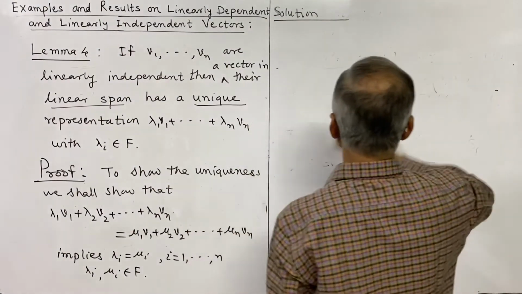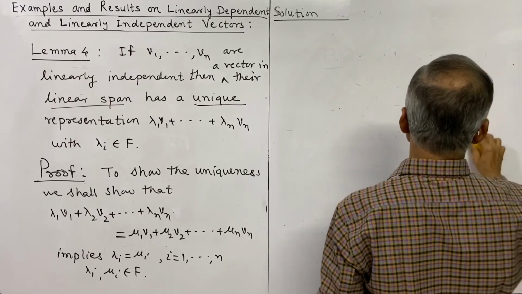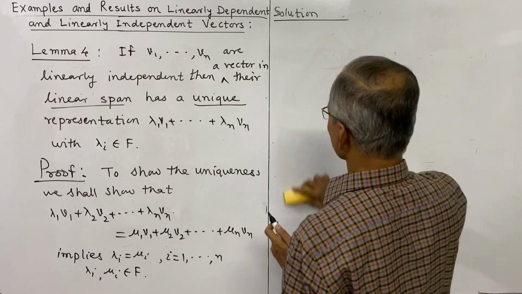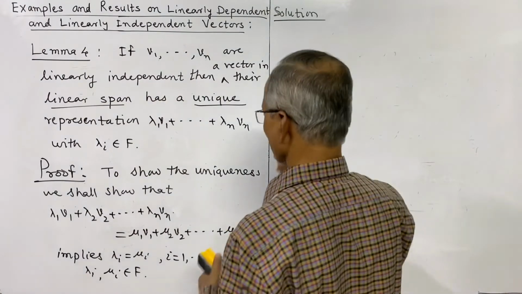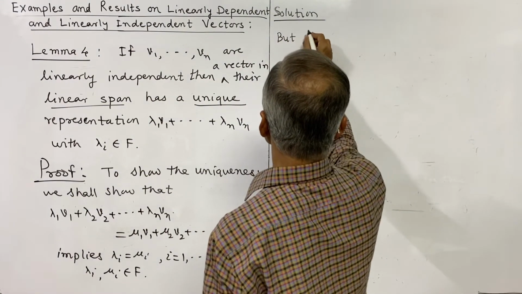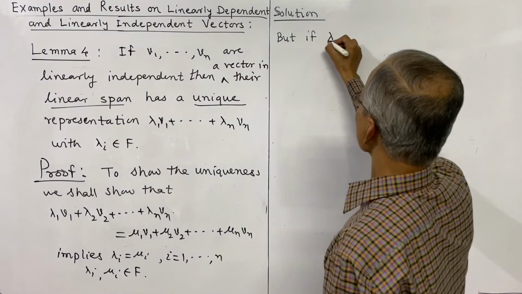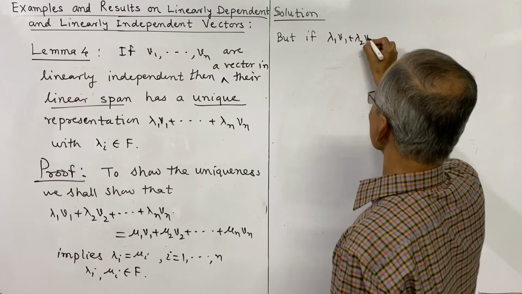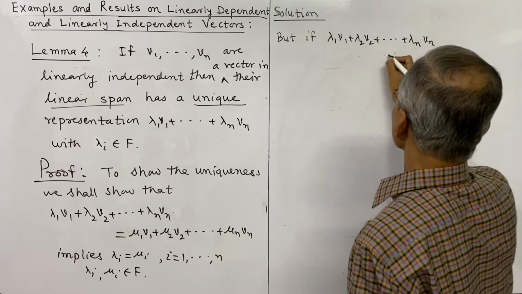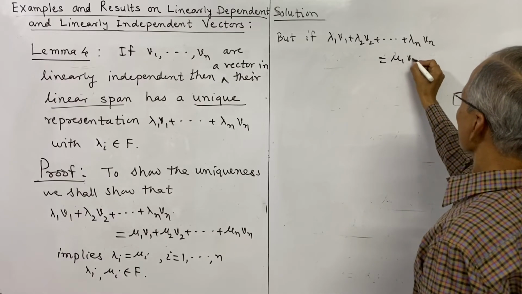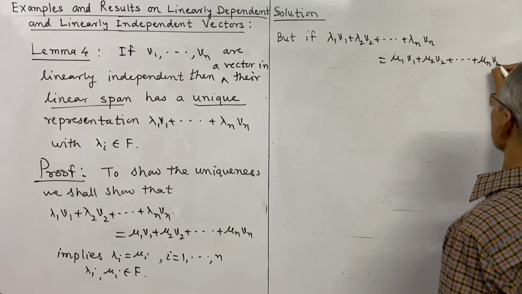Now we can write lambda 1 V1 plus lambda 2 V2 and so on up to lambda n Vn is equal to mu1 V1 plus mu2 V2 plus so on up to mu n Vn.